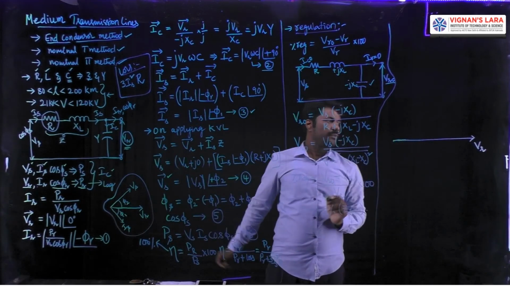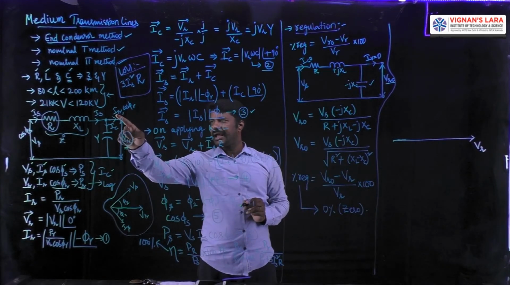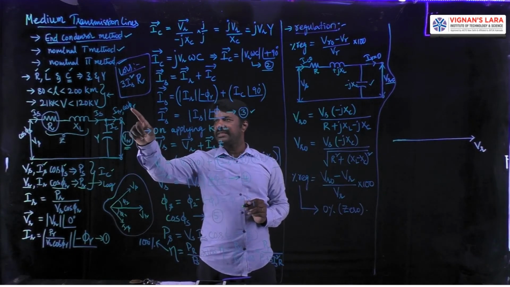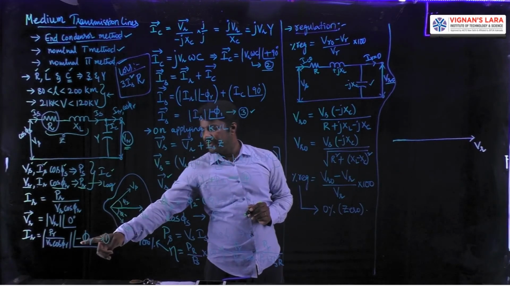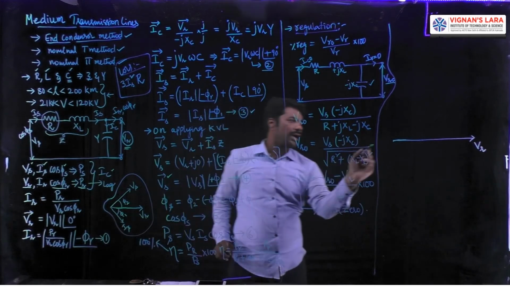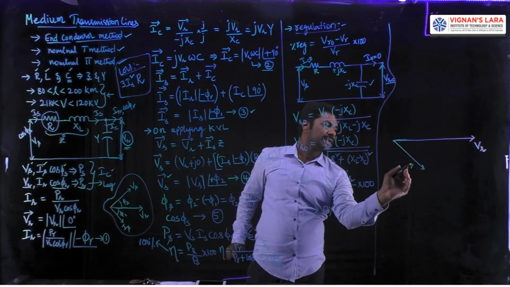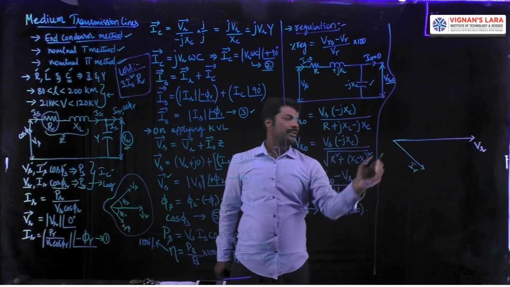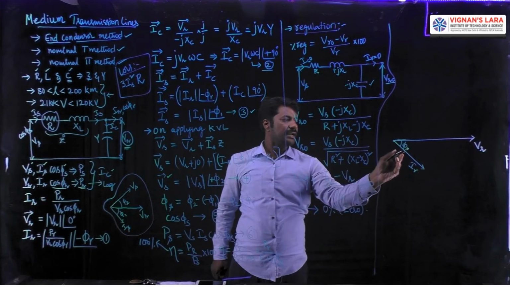With this reference VR, first I calculated the current IR and identified that it is a lagging load. Thereby it lags with an angle of phi r. Then I have to draw the current phasor called IR, which is lagging by an angle of phi r.